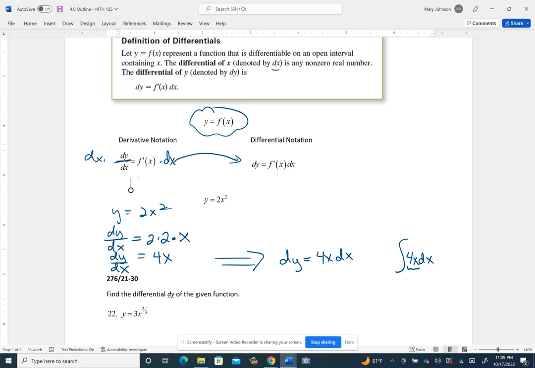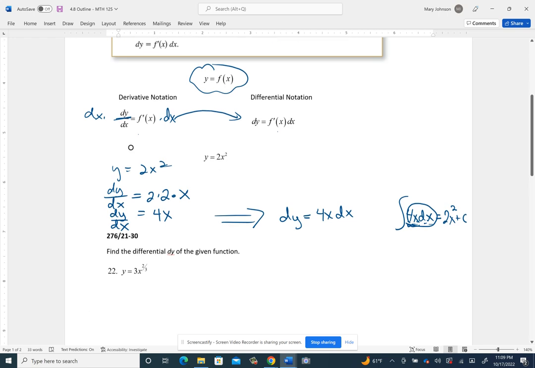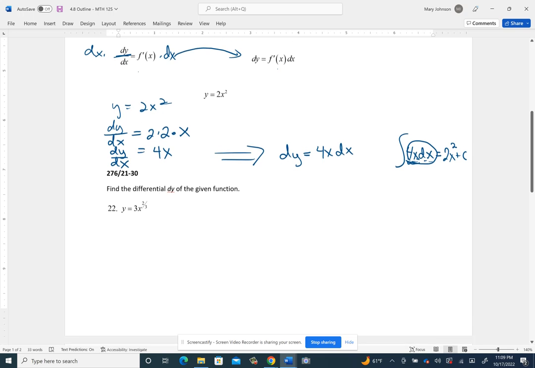And so we'll go backwards, and the answer to that is going to turn out to be 2x squared plus some constant. Okay, so you'll see that notation. See that 4x dx, that differential notation? So you're going to see that a little bit later in chapter 5, when we deal with something called an integral. Okay.